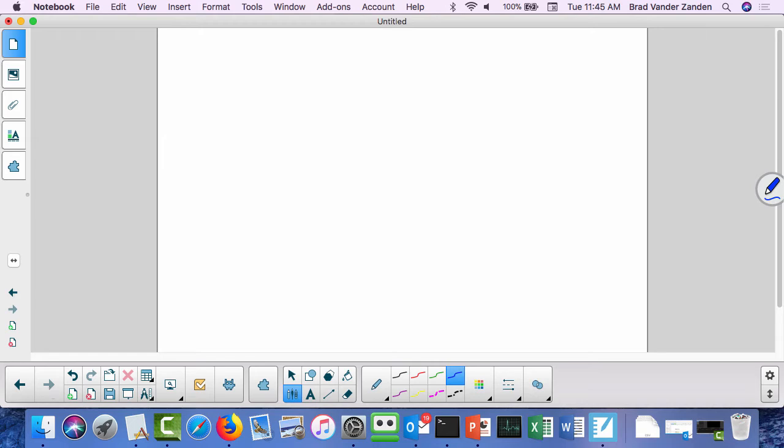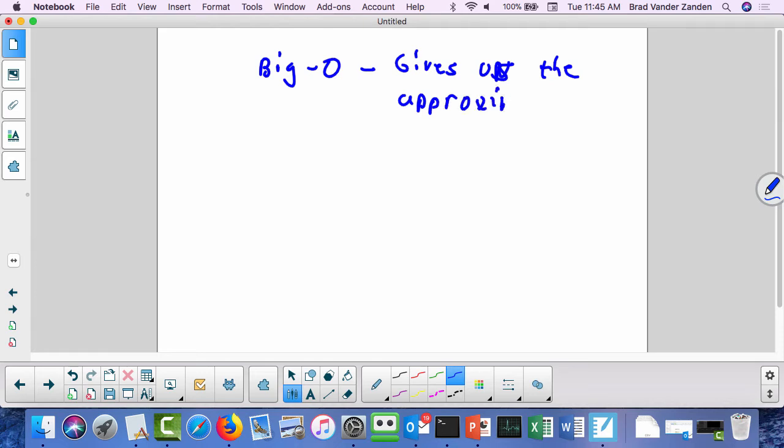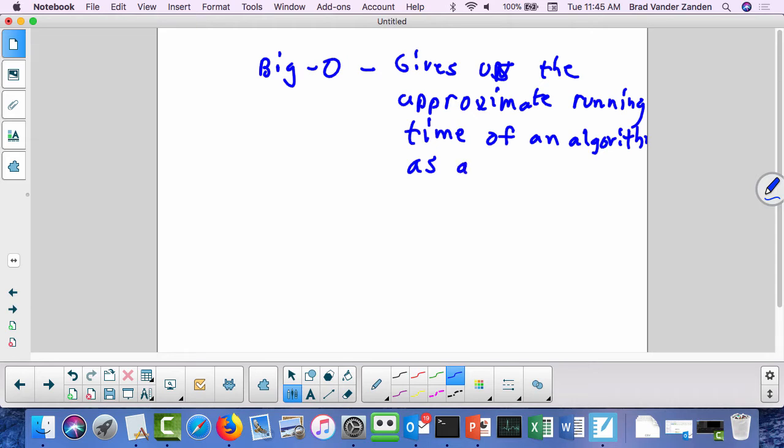So BigO notation gives us the approximate running time of an algorithm as a function of the size of the input, because the size of the input is important.